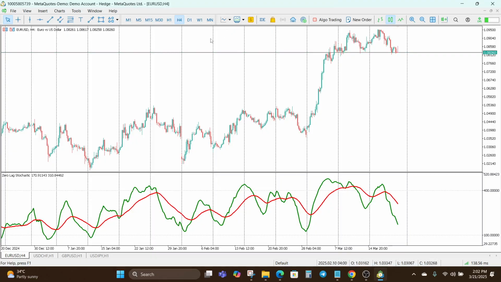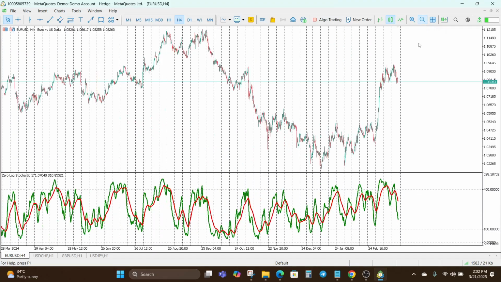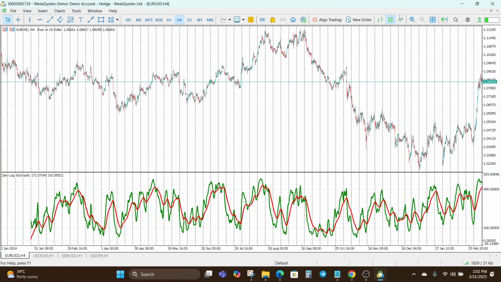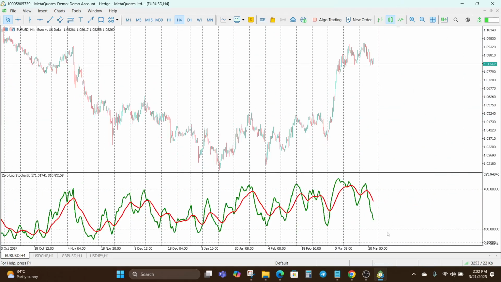Once you've gotten your confirmation, you can enter your sell trade, set your stop loss above the previous swing high, and you can target support zones for your take profit, or you can watch out for when the indicator enters the oversold territory, and then you have a bullish crossover, after which you can exit your sell trade.